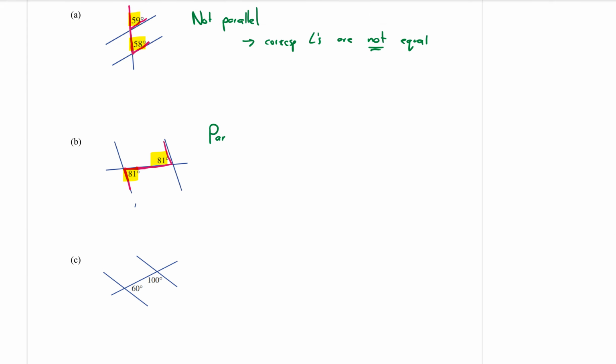So I'm just going to say they are parallel because the alternate angles are equal. You'll notice that I'm not putting these in brackets. You could put them in brackets if you wanted to. These aren't the same kinds of questions as the last ones where we used the brackets.